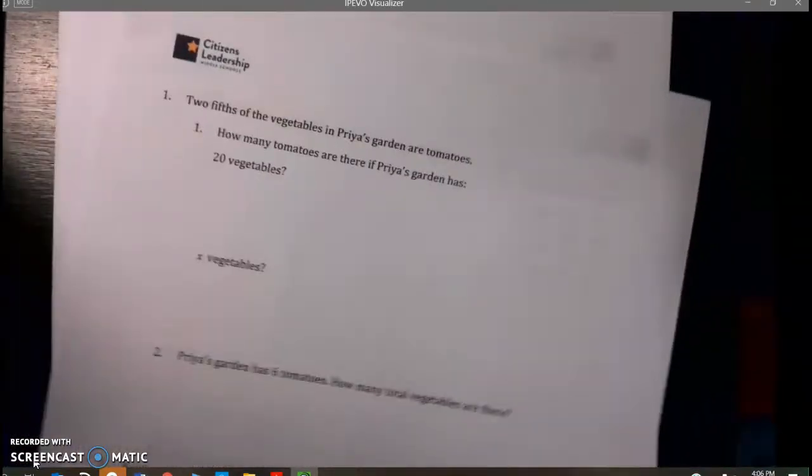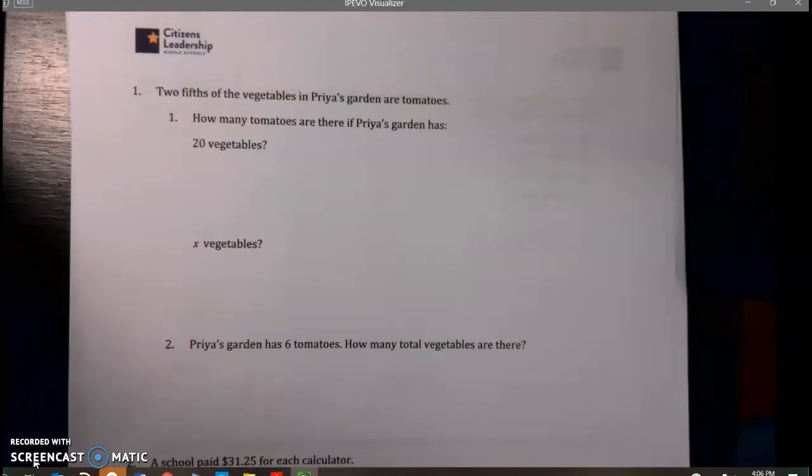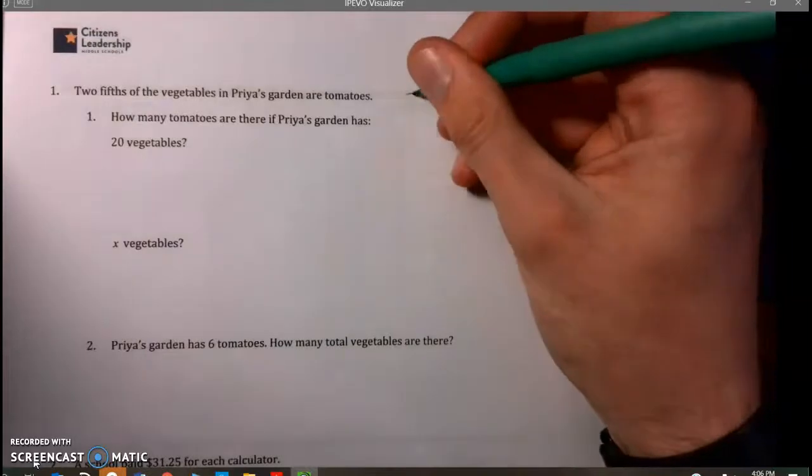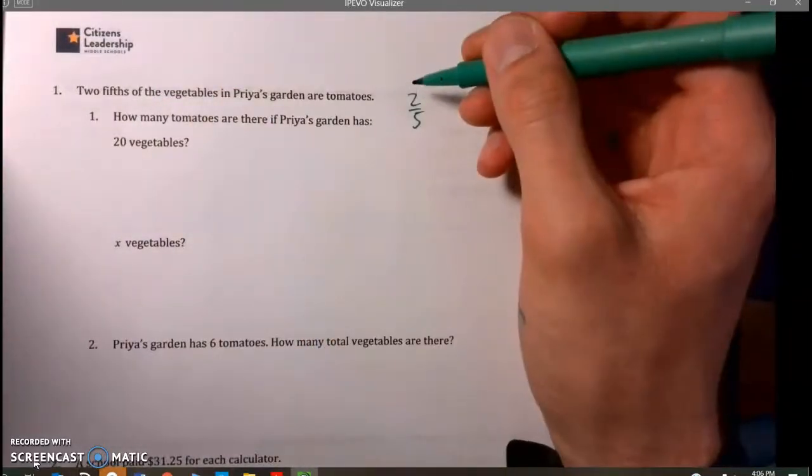Okay. And I just want to look at the next page together. So we have 2/5 of the vegetables in Priya's garden are tomatoes. Okay. So, how many tomatoes are there if Priya's garden has 20 vegetables? So, we know 2/5 of the vegetables.